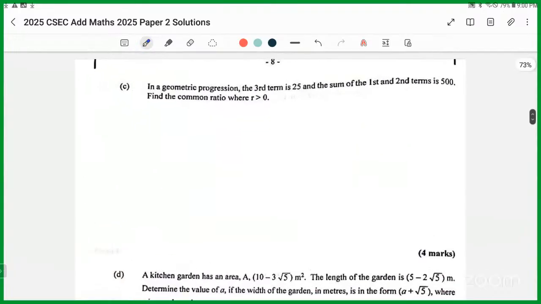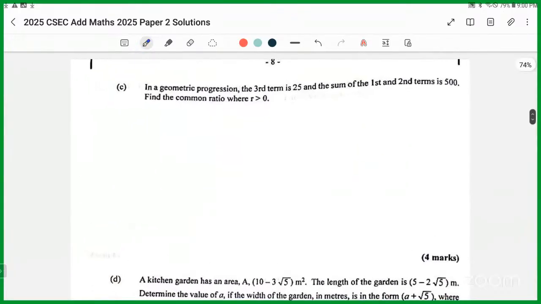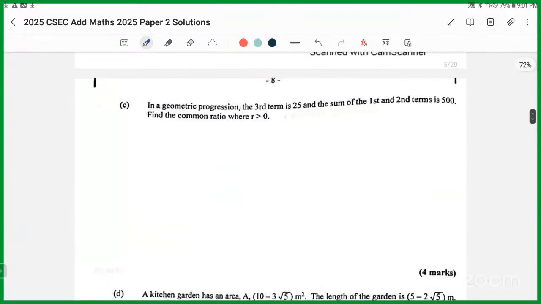That's part 6. In a geometric progression now, the third term is 25. The third term is AR squared. Remember the nth term for a GP is AR to the n minus 1. So the third term is 25, which means AR squared is 25.